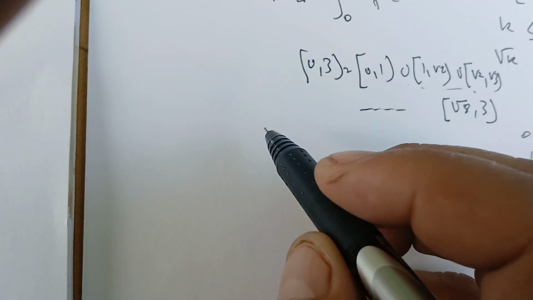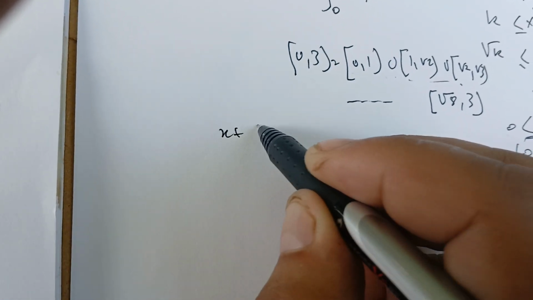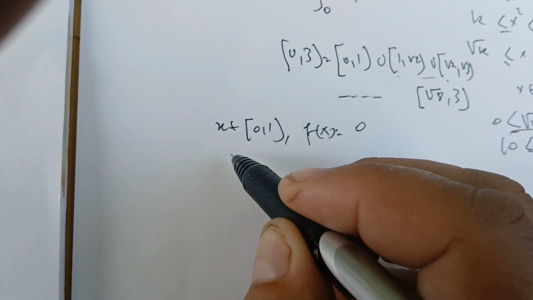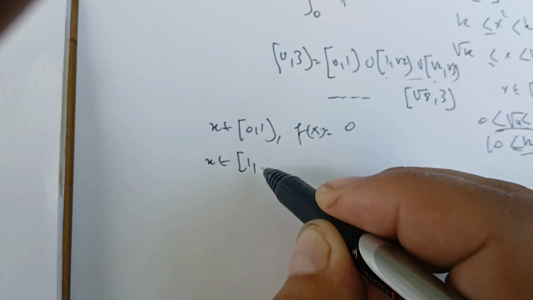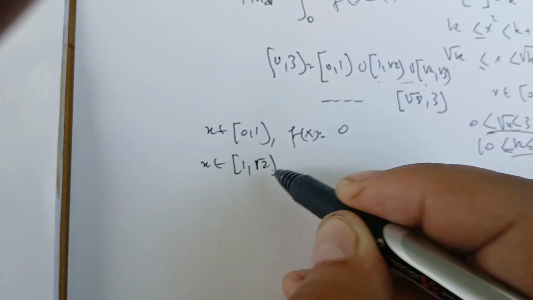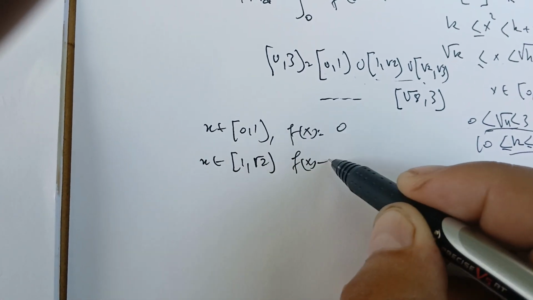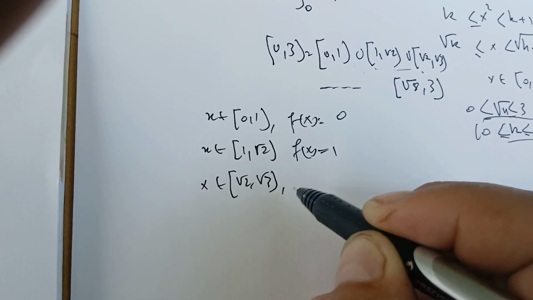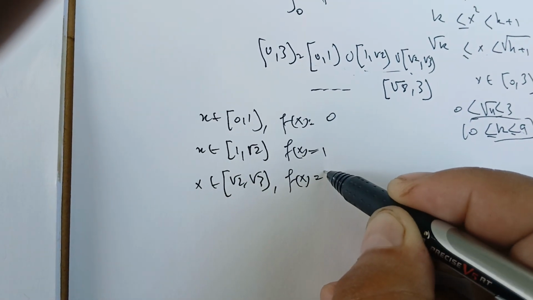Therefore, if x is in this interval, [0, 1], then f of x is 0. If x is between 1 and the square root of 2, the floor function is 1. If x is between the square root of 2 and the square root of 3, the floor function is 2.